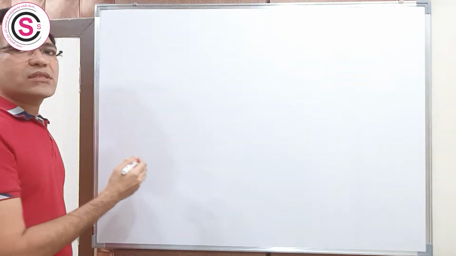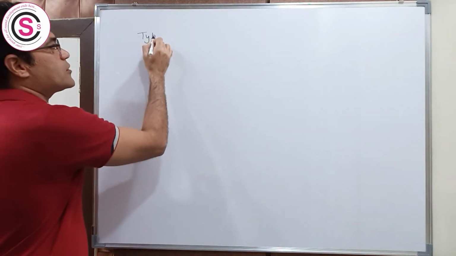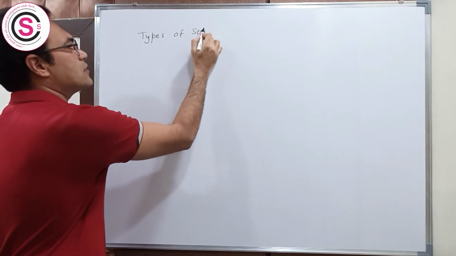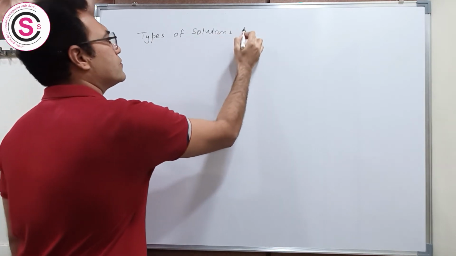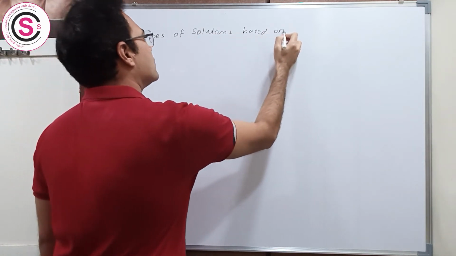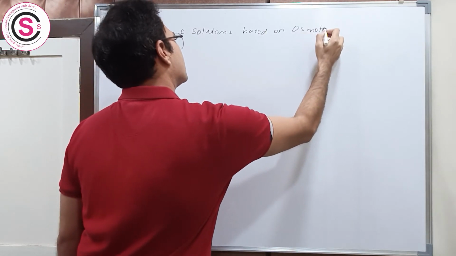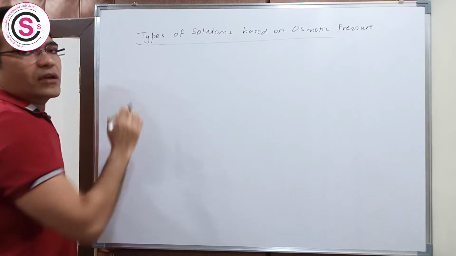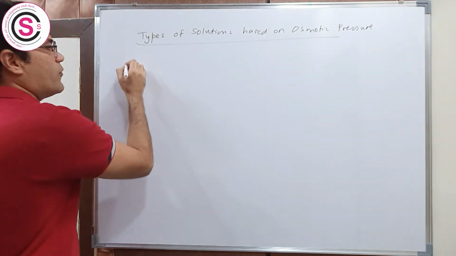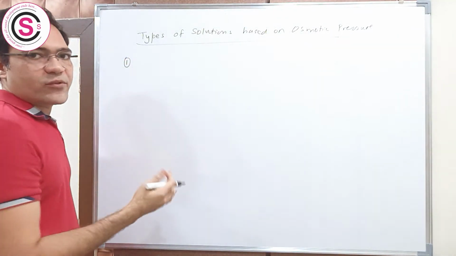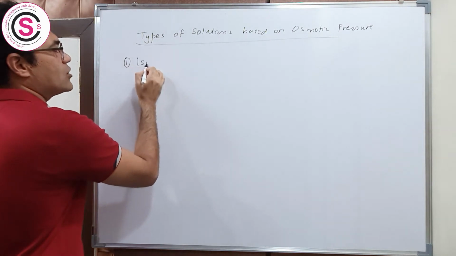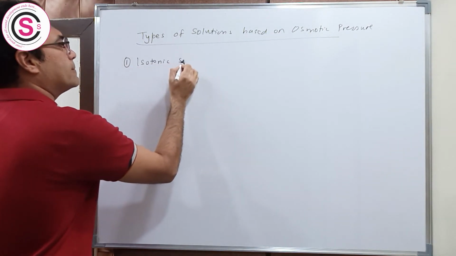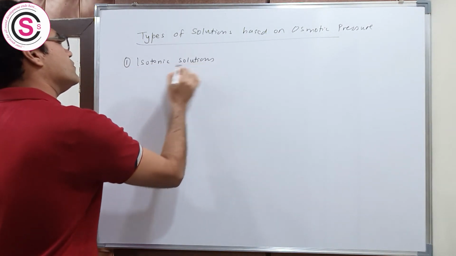Okay, now students, let us understand the types of solutions based on osmotic pressure. Correct? Now students, based on the type of osmotic pressure, we have three types of solutions. The first is isotonic solutions. Right?